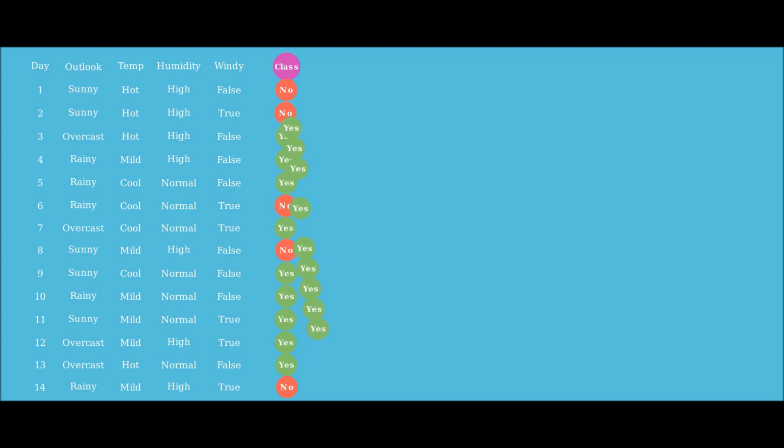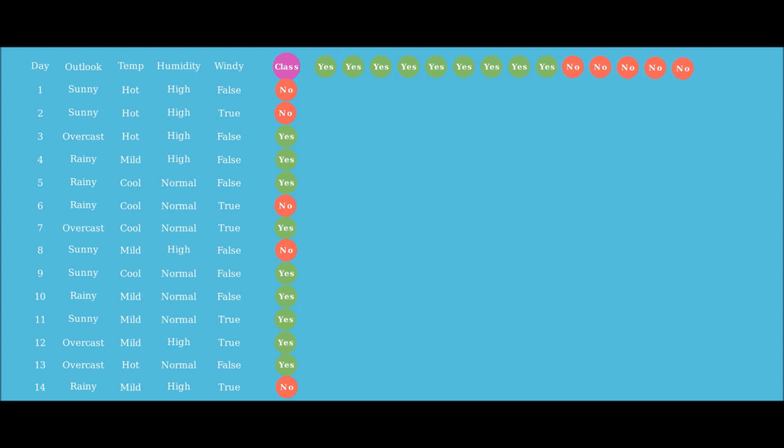To construct a decision tree model, we will use Gini index, which is used for CART, the classification and regression tree algorithms, which is the umbrella term for the decision tree learning algorithms that use Gini index.